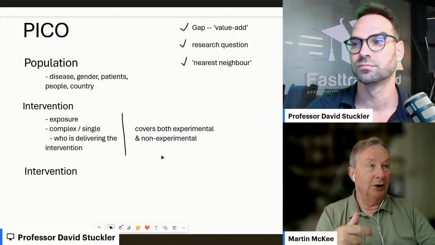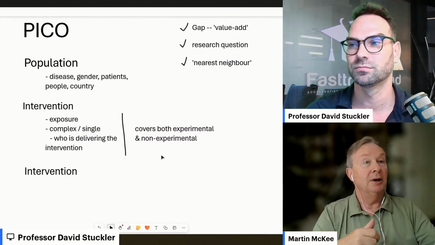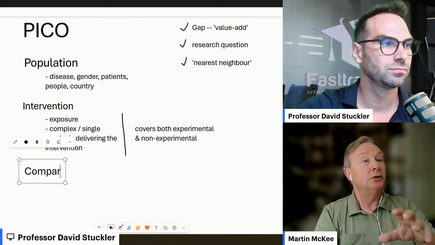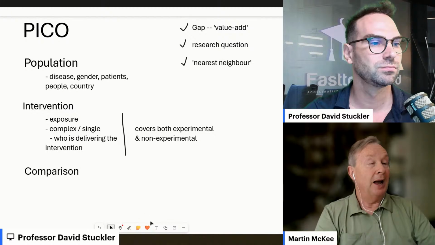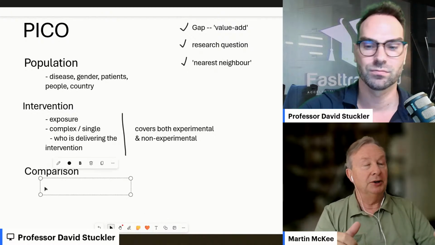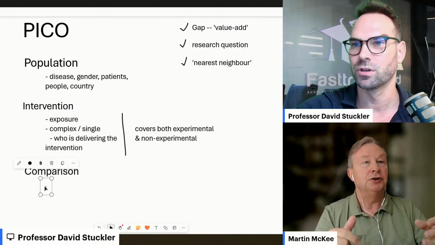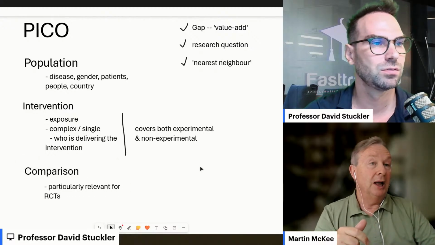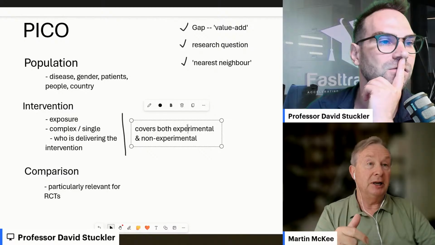And therefore, you've got a lot of potential for policies that are introduced in one place and not in others. Or you can do it before and after. And there are a lot, we might get on to talking about the different methods. I mean, David, you've done a huge amount here. So it can be experimental or it can be non-experimental. And it can be, as you say, it can be populism.